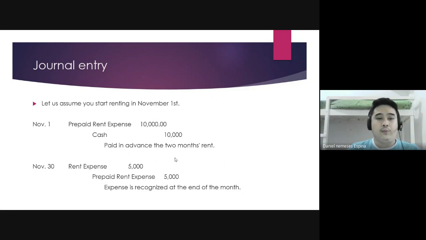And then come November 30, you need to recognize an expense because you have already stayed for a month. So debit ka og rent expense, then you credit prepaid rent expense, to reduce the prepaid rent expense. So explanation: expense is recognized at the end of the month.